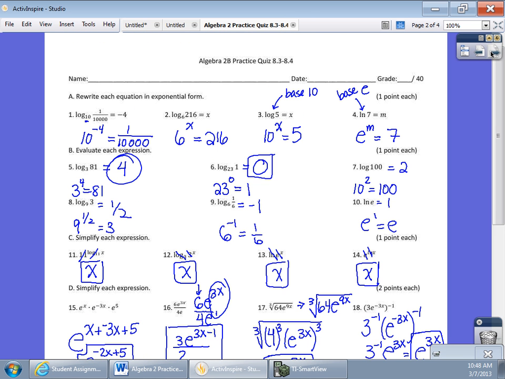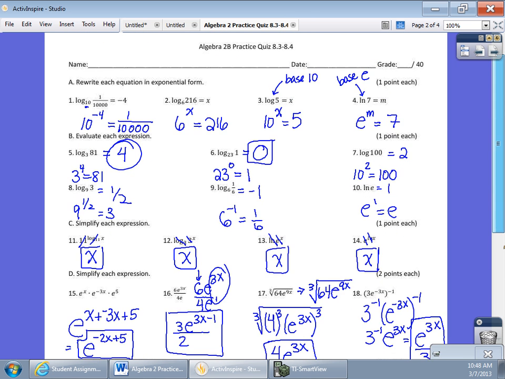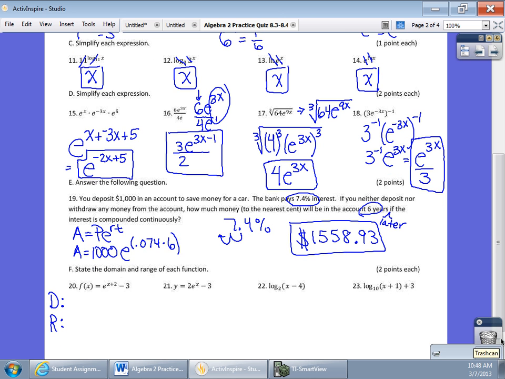So in this case, we're an exponential. We are shifting left 2 and down 3. Domain's not going to change for exponential since it's all real numbers. But because we're shifting down 3, the range, which was y greater than 0, also goes down 3. And so that becomes y greater than negative 3.